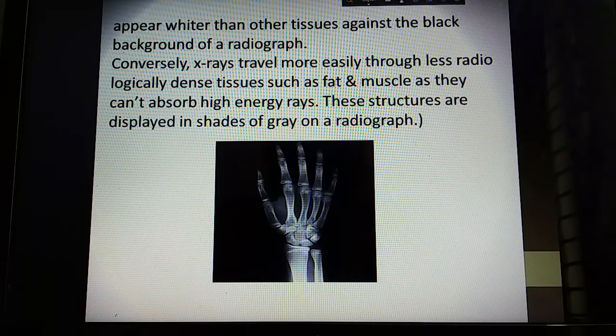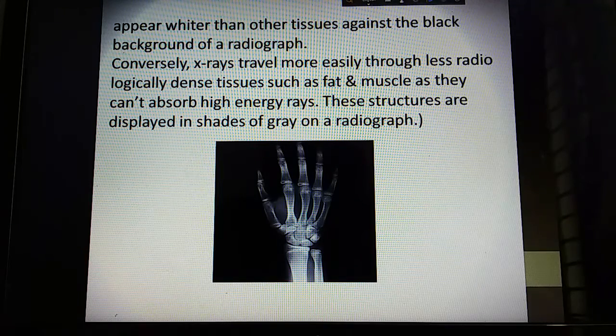A radiograph is the report that is given for examination and diagnosis by a doctor. So on that report, the bones appear whiter than other tissues, and the background is shown as black.